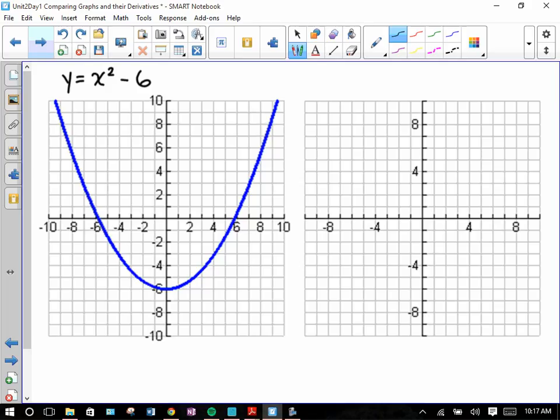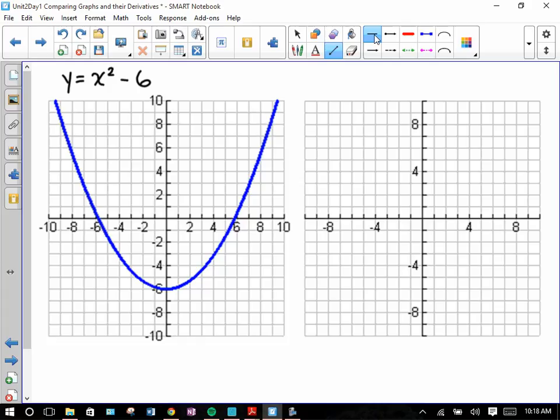Alright, so I'm going to use a line drawing tool. Do we see any points where the slope might be really easy to estimate? What x value are you looking at? 6? Of 1 divided over 2? Of 1 over 3?